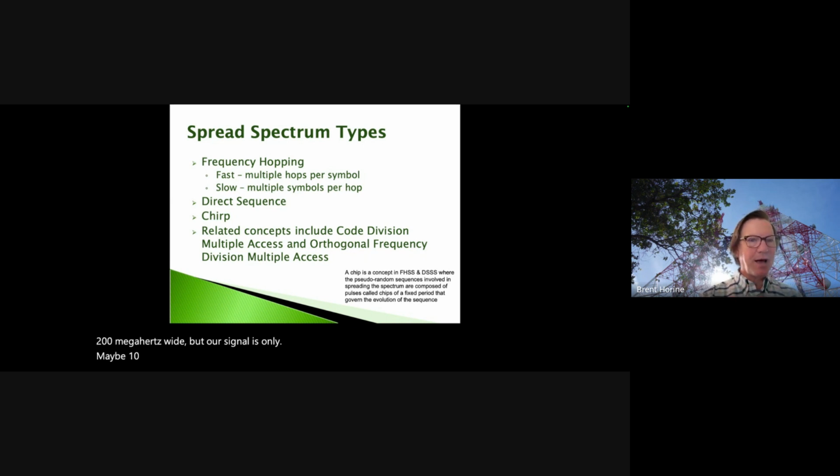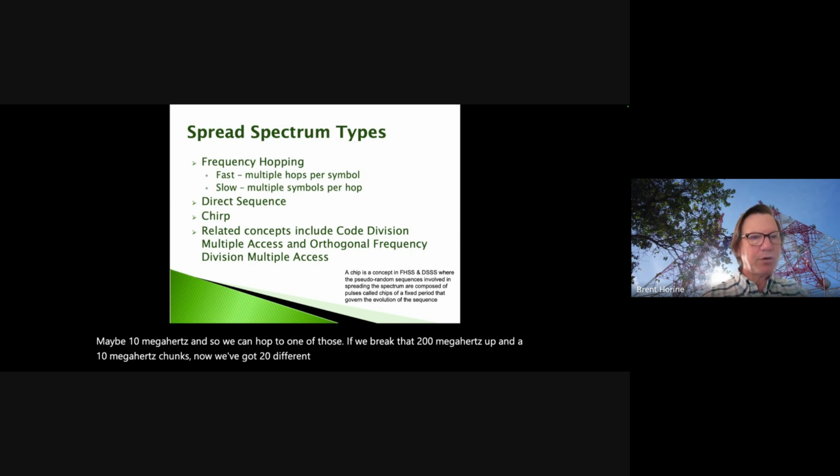And so we can hop to one of those, if we break that 200 megahertz up into 10 megahertz chunks, now we've got 20 different channels that we can operate over. And so we hop to a different channel at a different time.